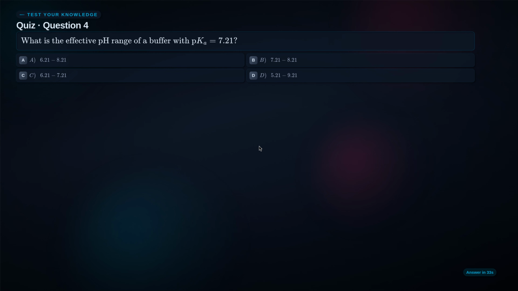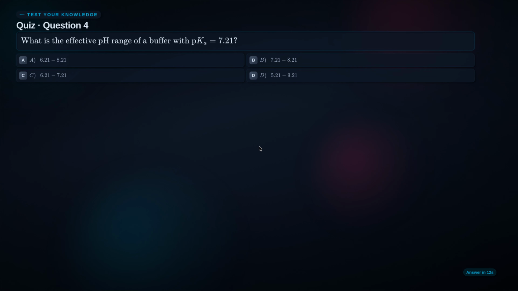Option C, 6.21 to 7.21. Option D, 5.21 to 9.21. Remember the rule for effective buffer range.